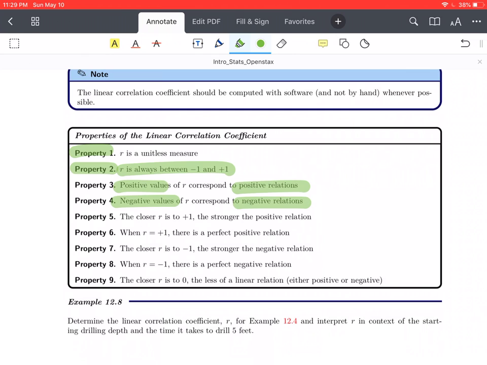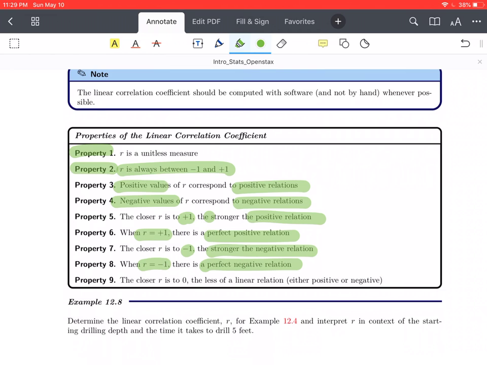Okay? So the closer R is to +1, the stronger the positive correlation. And when R equals +1, there is a perfect positive relation. And then the closer it is to -1, the stronger the negative relation. When it is -1, there is a perfect negative relation.